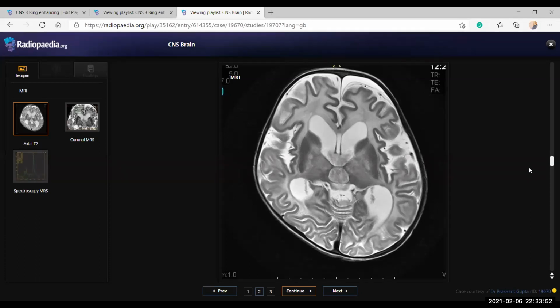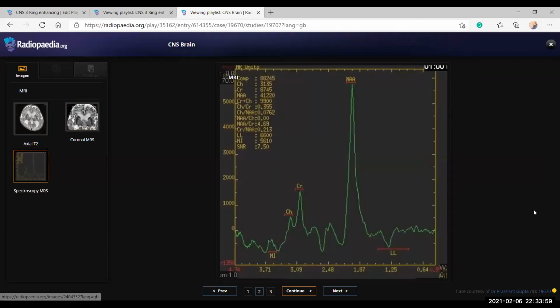I see that I am provided also with spectroscopy, so this could differentiate between the causes. In spectroscopy, there is an elevated N-acetyl aspartate peak. So this is an extensive white matter disease with leukodystrophy and an associated N-acetyl aspartate peak, which is quite specific for Canavan disease. So I will communicate my finding to the pediatric neurologist for further management.